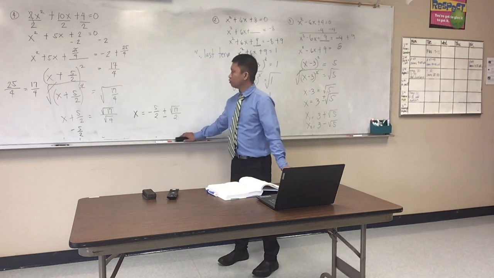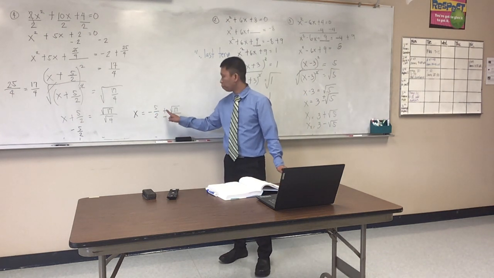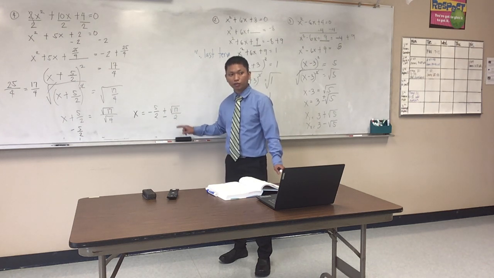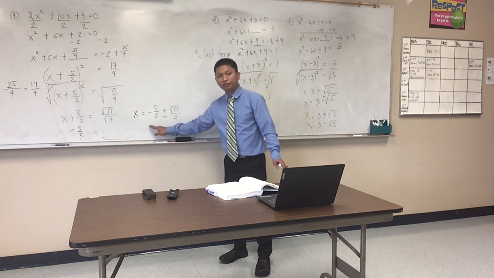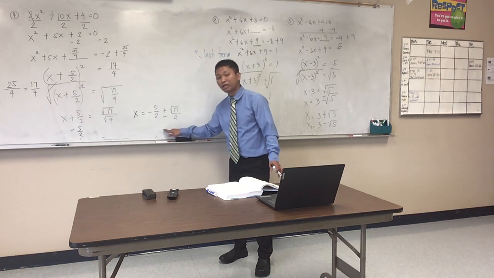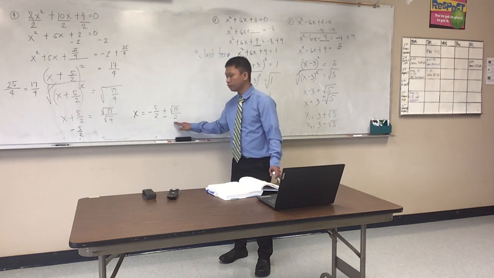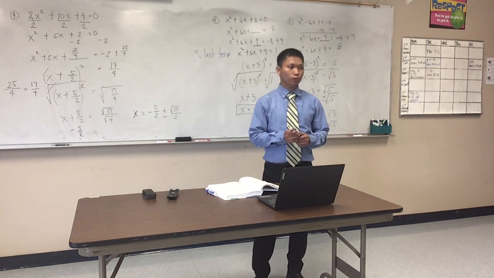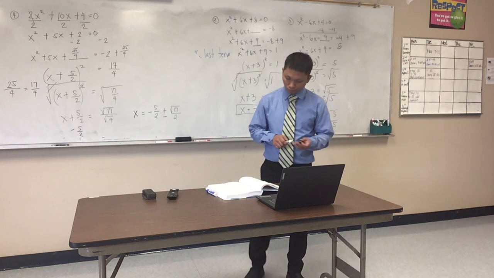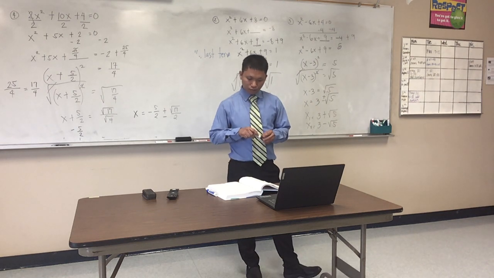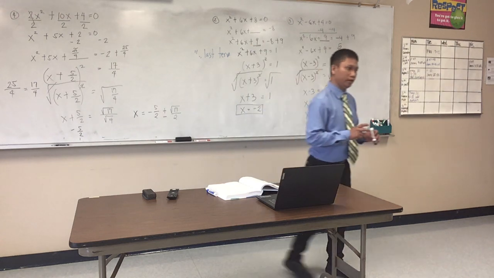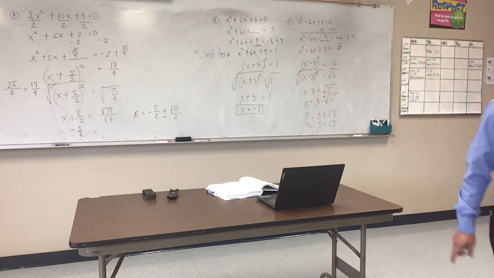Minus 5/2 plus the square root of 17/2, and minus 5/2 minus the square root of 17/2. And that's it.